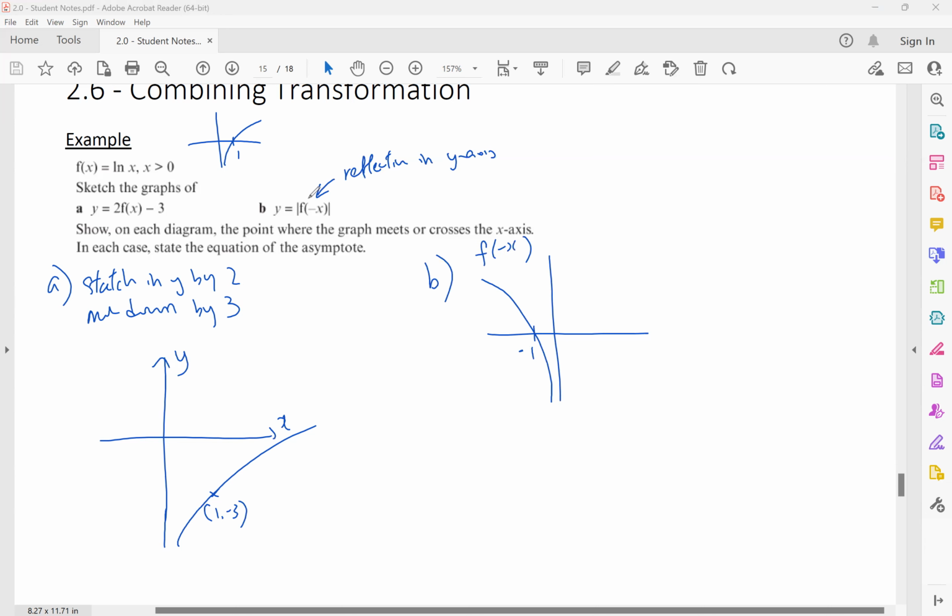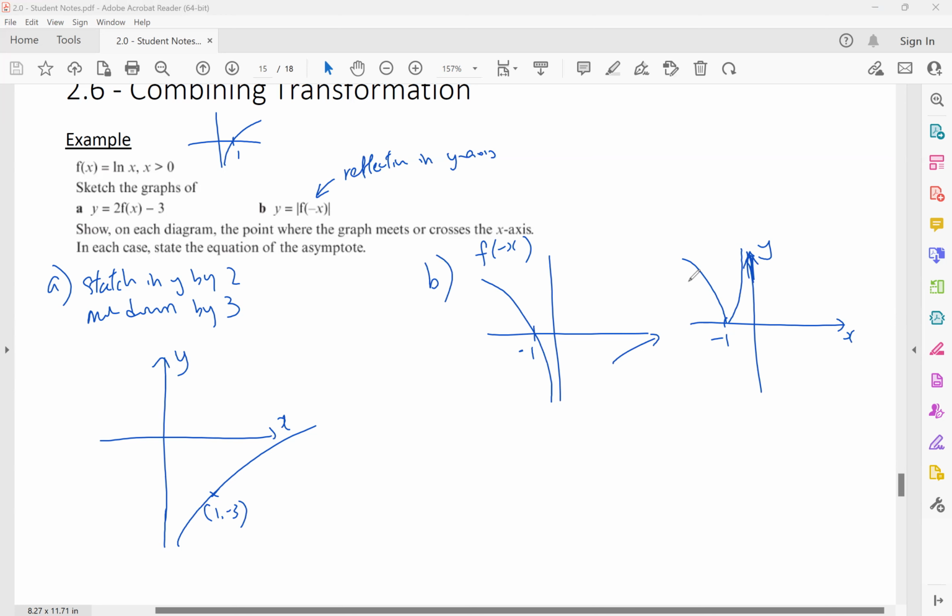Modulus, do you remember what the modulus on the outside does? It helps you reflect anything below the x-axis to above the x-axis. So final answer, minus 1. And that's the graph. Okay, and that's the graph, that's the final answer.